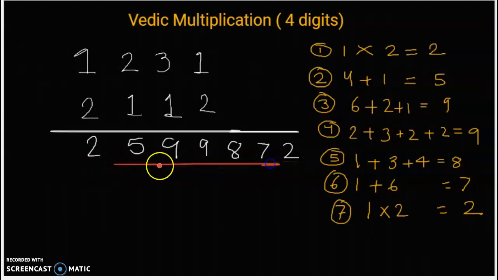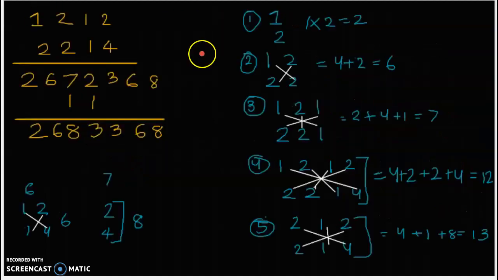Let us discuss another example to understand it better. In this example, we have another question, 1212 times 2240. So we will follow the same process. 1 and 2, we will start with 1 and 2, step 1, we will multiply it, and that is 2, and the result I have written over here.